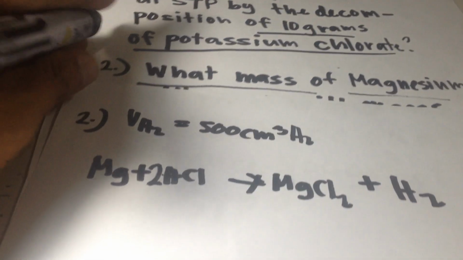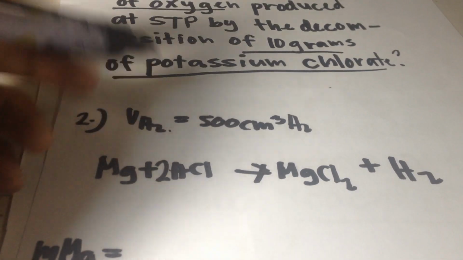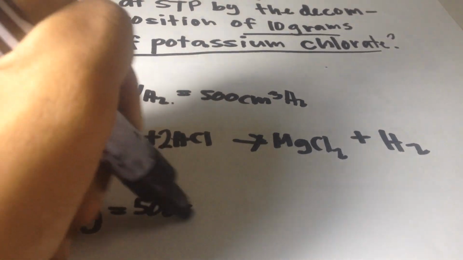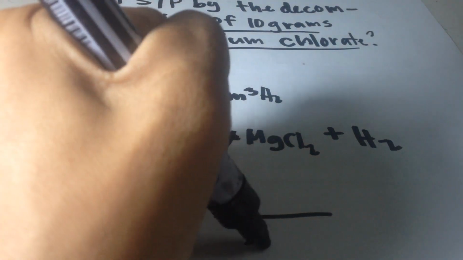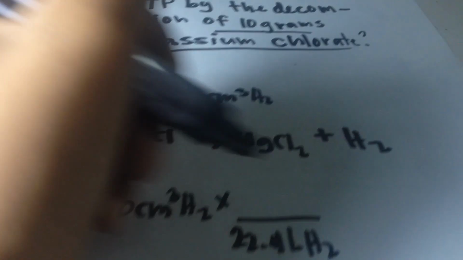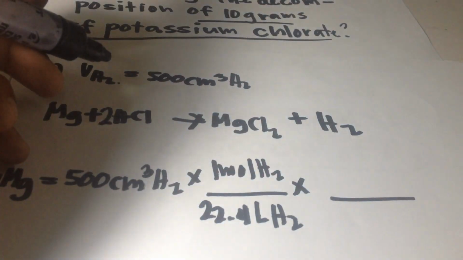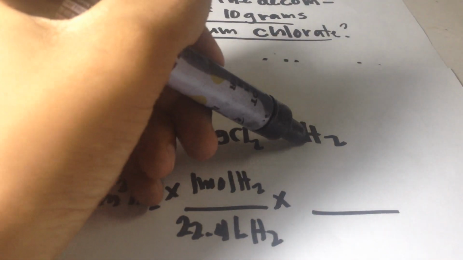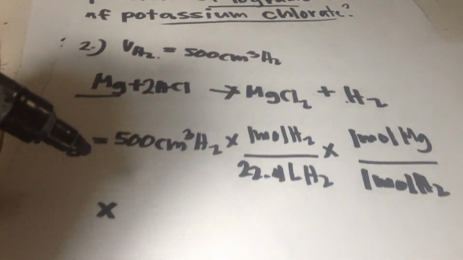So the mass of magnesium is equal to, we have a volume here which is 500 cubic centimeters of hydrogen gas, times the STP volume, which is 22.4 liters of hydrogen gas per 1 mole of hydrogen gas, times 1 mole of hydrogen gas here, and then 1 mole of magnesium here, times the molecular weight of magnesium.